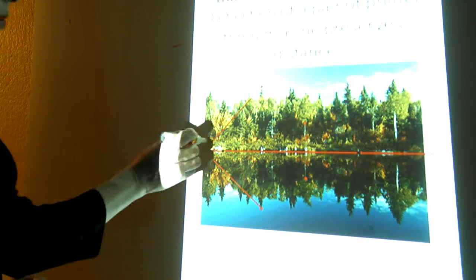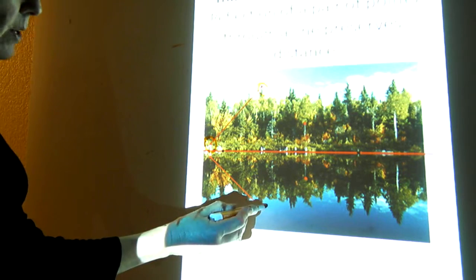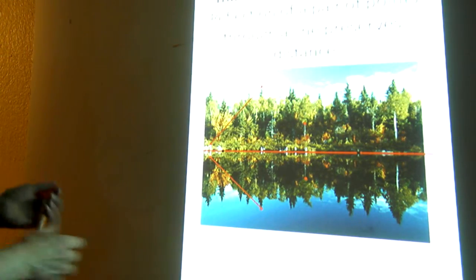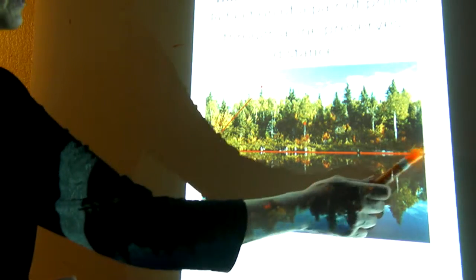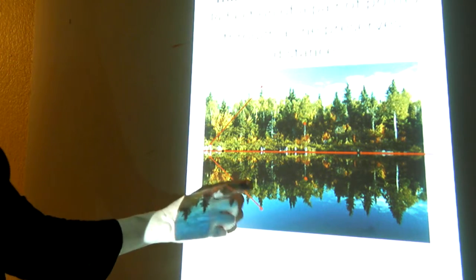All right, Transformation Theorem 1. If you have a pair of points, so here I have one here and one here, and then there are corresponding points here. The reflection of a pair of points through a line preserves distance. So here's the line, this is the original, and this is the reflection.